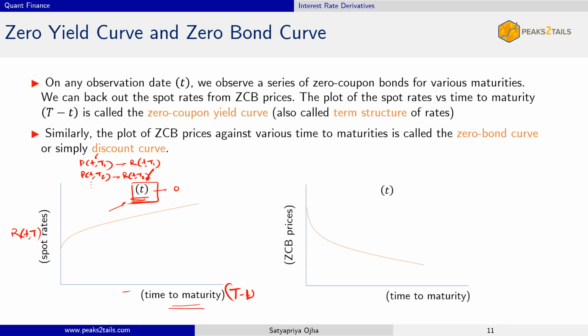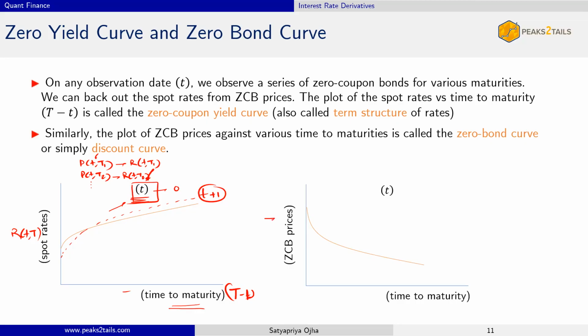Tomorrow, small t gets updated and the yield curve will change. It can become something like this. For the next day, t plus 1, it can look like this. So I'm keeping t as a variable so that you always think at the back of your mind that small t is continuously evolving. Okay. We are moving in time forward.